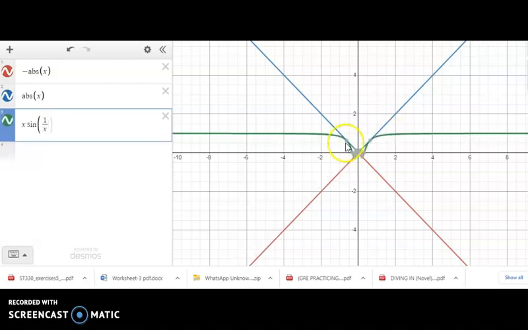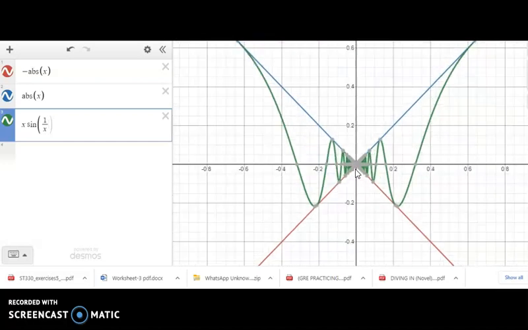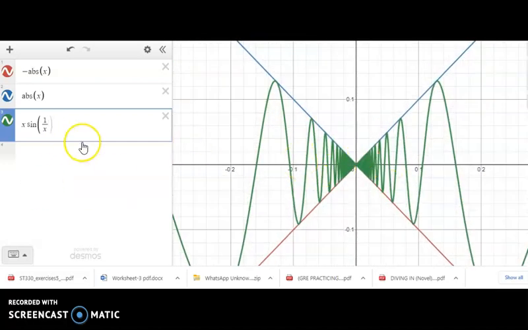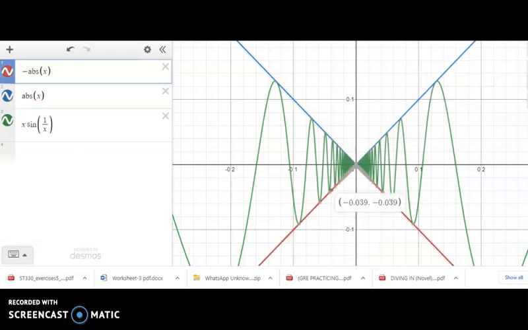You can see that your green, which is x times sine 1 by x, is lying between the absolute of x, the blue function's graph, and the red, in other words minus absolute of x.